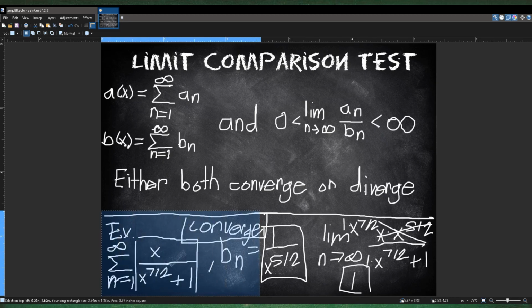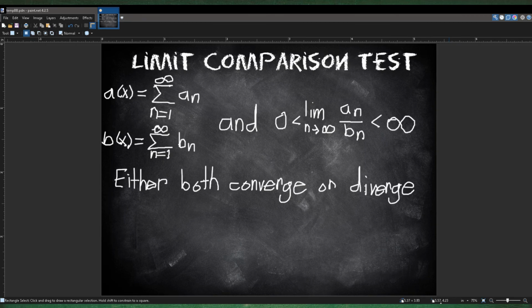Usually the comparison test takes a little more logic and theoretical sense than the other tests. So if you want to spend more time on the limit comparison test and the comparison test, it would probably make more sense. It takes a while to understand.